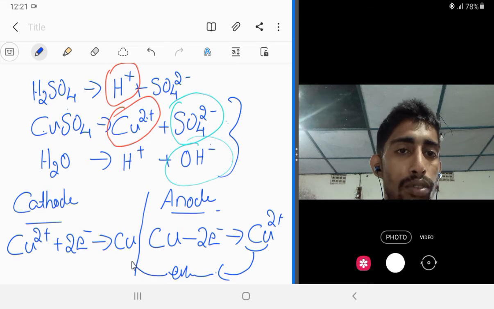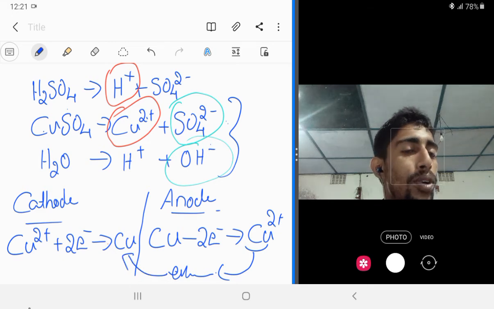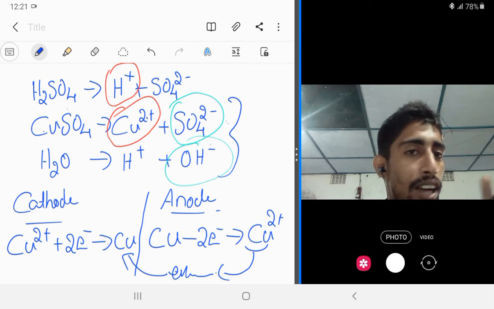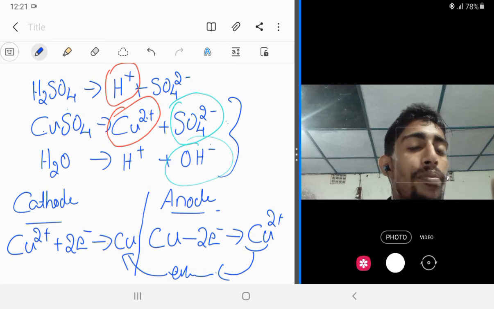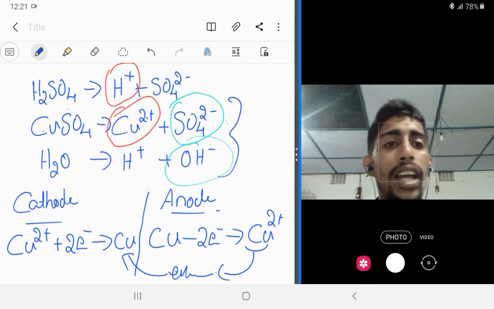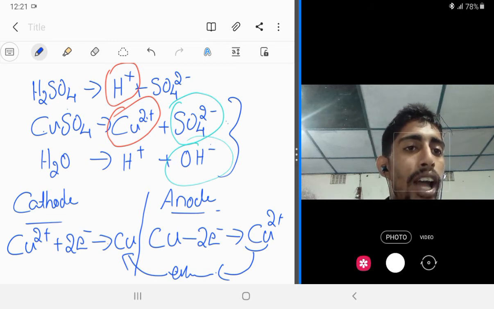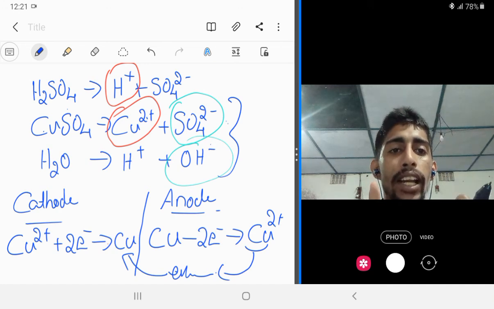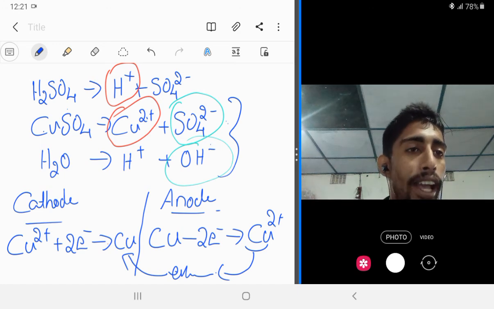Understand? When we use an active metal, the active metal itself will lose electrons and become a cation, and it will move to the electrolyte. From the electrolyte it will go to the cathode.